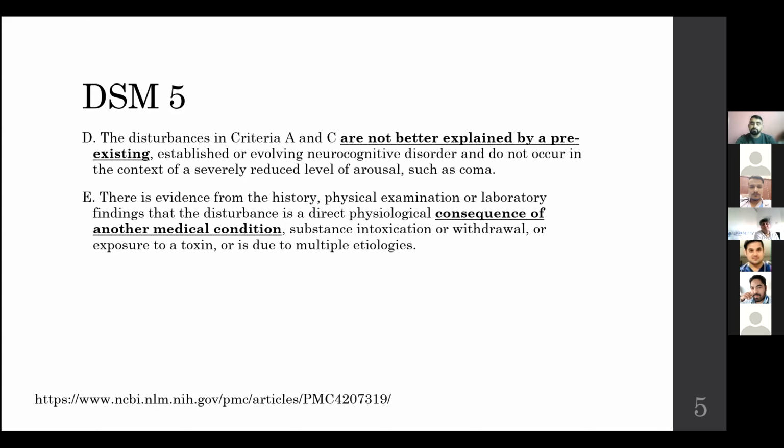The fifth point suggests that the deficit in attention, awareness, and cognition should have evidence from history, physical examination, or laboratory findings that the delirium is a direct physiological consequence of another medical condition, substance intoxication or withdrawal, exposure to a toxin, or is due to multiple etiologies.